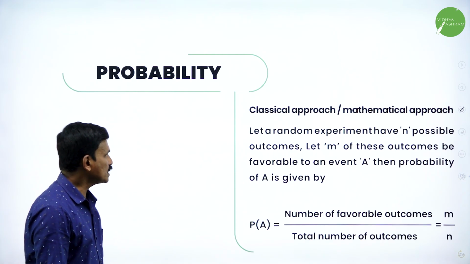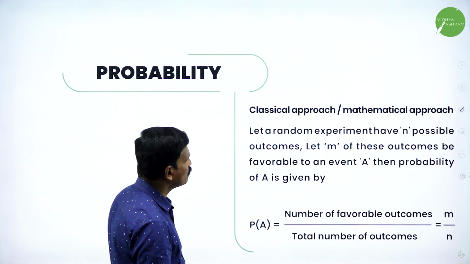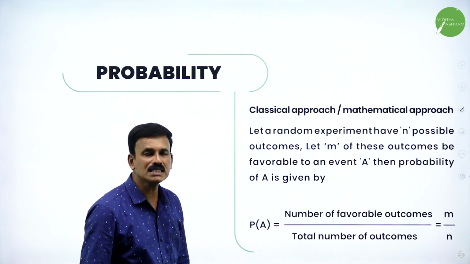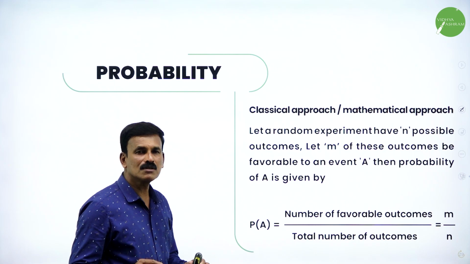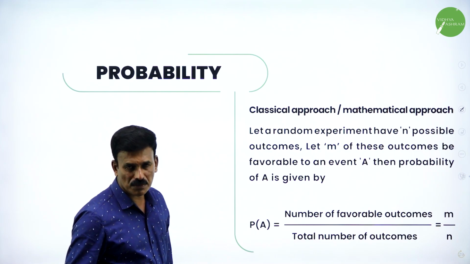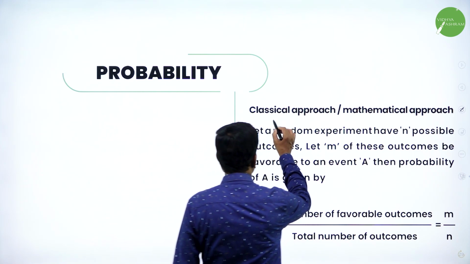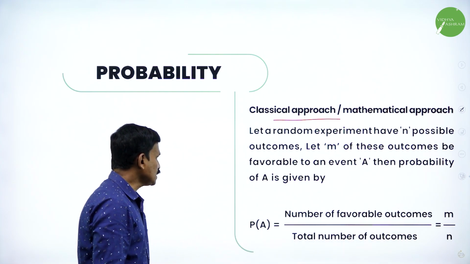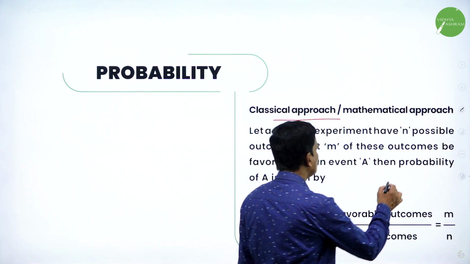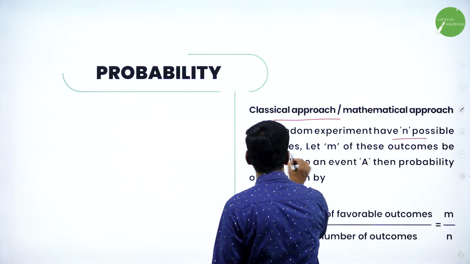Now, let us move to the classical or mathematical approach. What is the classical definition for probability? Let a random experiment have n possible outcomes.